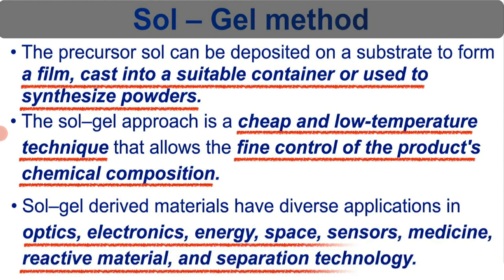The precursor sol can be deposited on a substrate to form a film, cast into a suitable container, or used to synthesize powders. The sol-gel approach is a cheap and low temperature technique that allows fine control of the product's chemical composition.